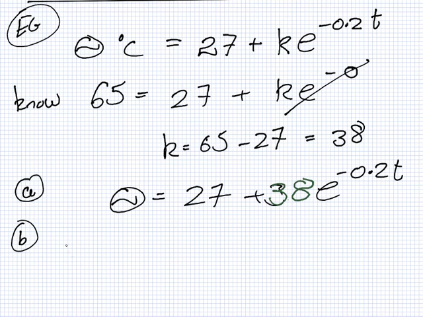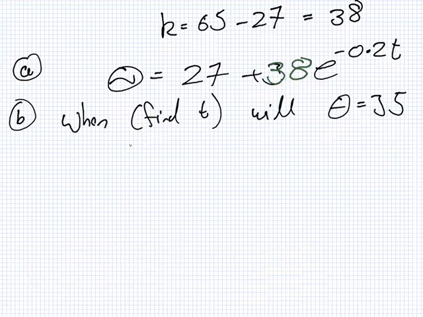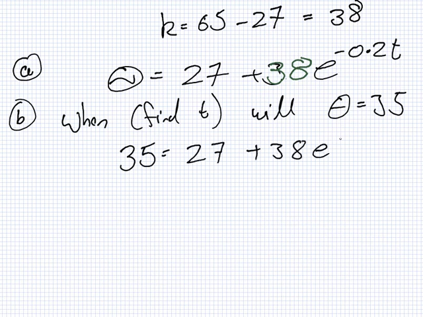So I want to know when, so that means find T, will the temperature equal 35? Okay, let's see what we get here. So I want to know when will it be 35. So 35 equals 27 plus 38e^(-0.2t).